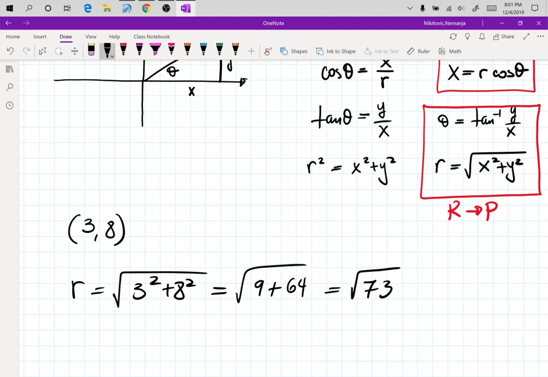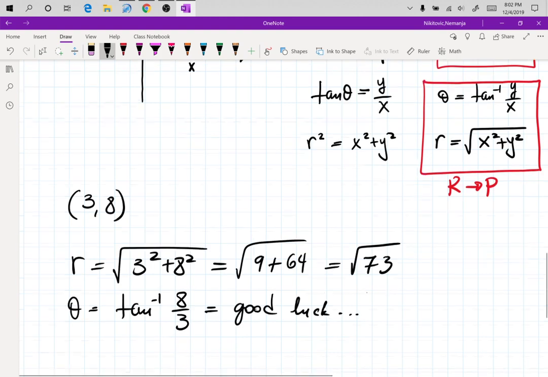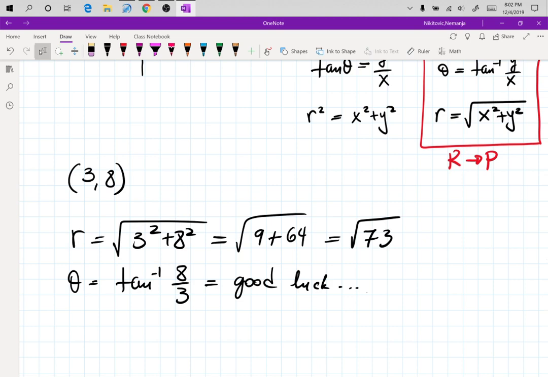Great, that's your r. And your theta is inverse tangent of y over x, which is 8/3. Yeah, good luck there, right? So you have no issues with (3, 8) in rectangular. But look at the polar, right?